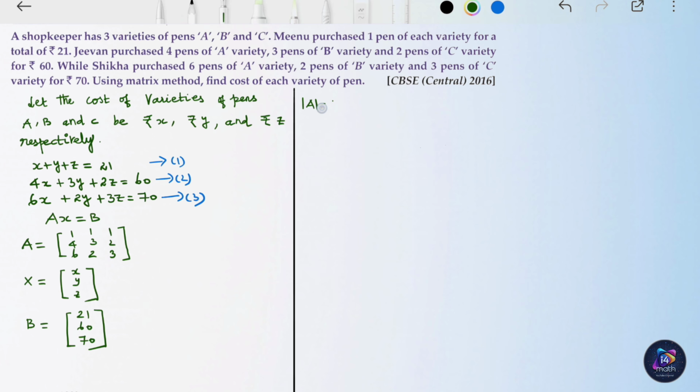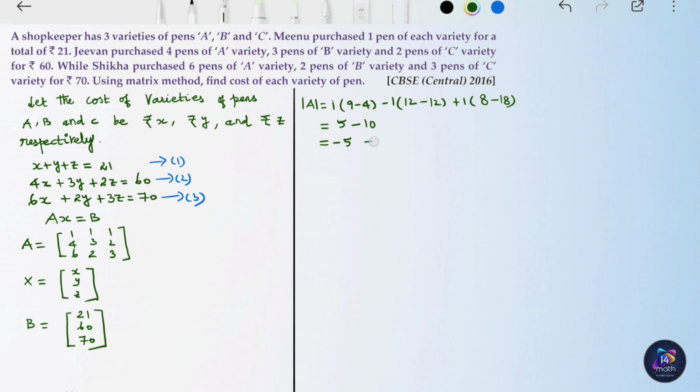So 1 into 3 3s are 9 minus 4, and then minus 1 into 4 into 3, 12, minus 6 into 2, 12, and then plus 1 into 4 into 2, 8, minus 6 3s are 18. 9 minus 4, 5, 5 into 1, 5. 12 minus 12, 0 into minus 1, 0. 8 minus 18, minus 10 into 1, minus 10. 5 minus 10 is equal to minus 5.